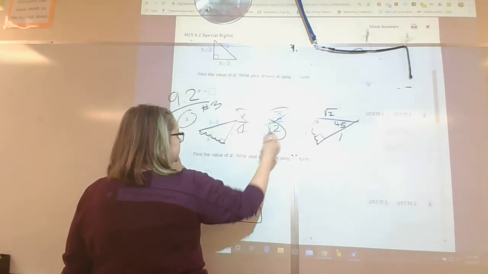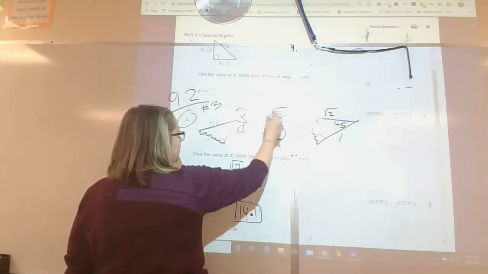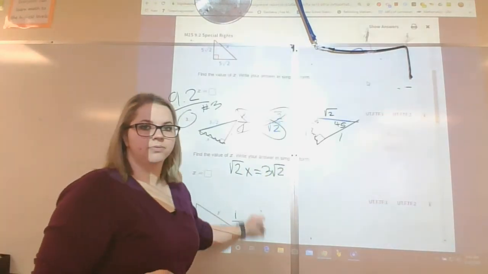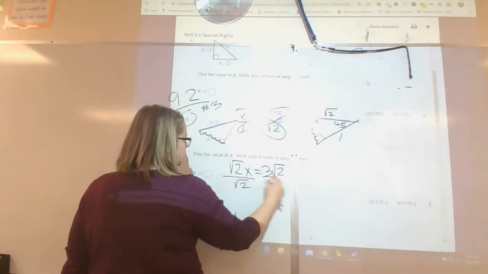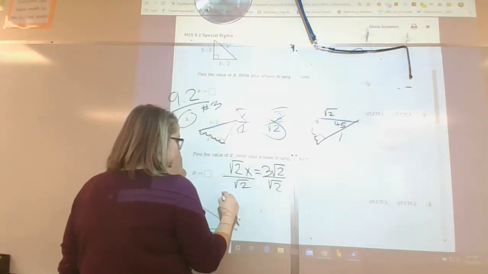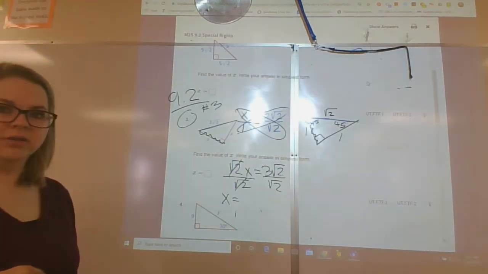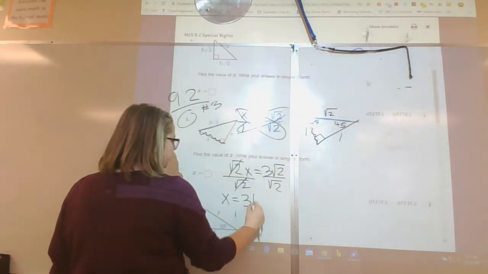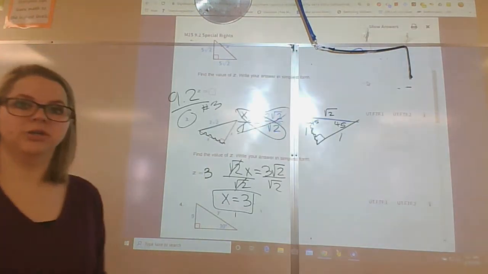So I have x times the square root of 2, which is the square root of 2x, equals 1 times 3 square root of 2, which is just 3 square root of 2. Now I'm going to divide by the square root of 2 on each side. I put this in my calculator and I end up with x equals 3. So your answer here is 3, and you're done.